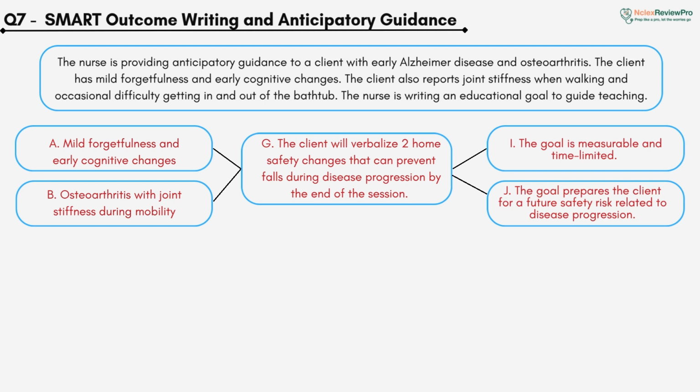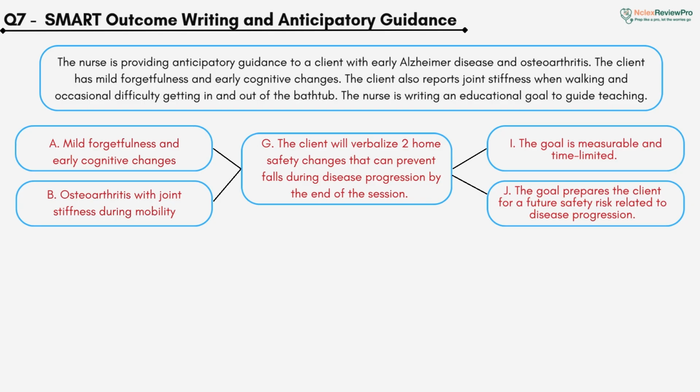Now let's walk through the reasoning. The key idea in this question is smart outcome writing combined with anticipatory guidance. A SMART goal should be specific, measurable, realistic, client-centered, and time-limited.